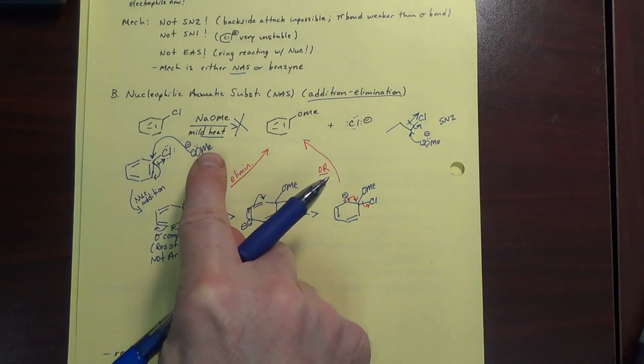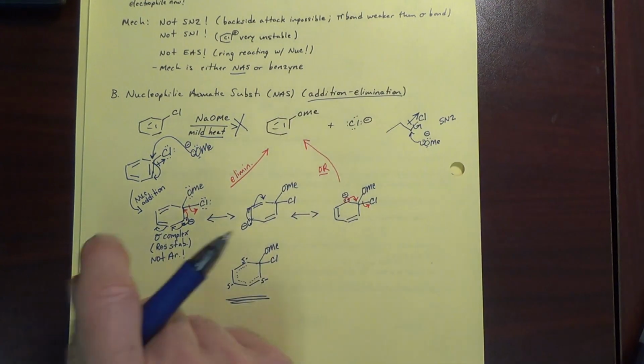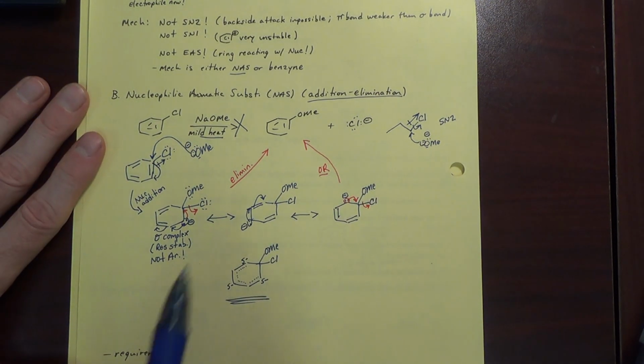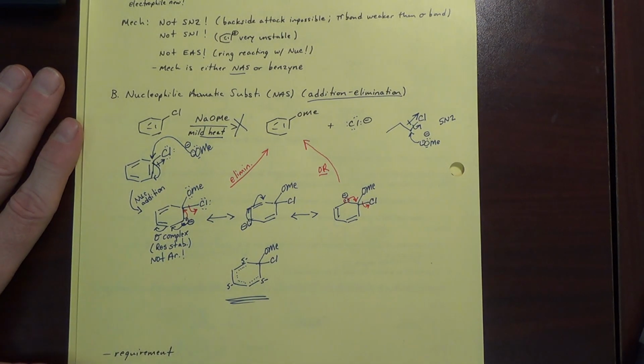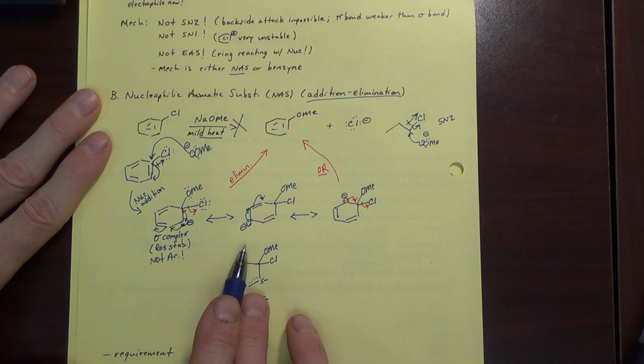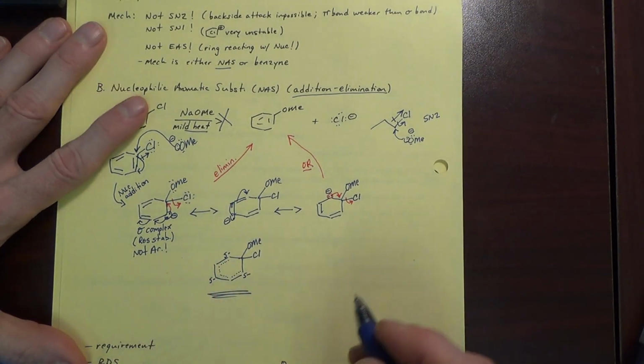If you take chlorobenzene and stir it at room temperature with sodium methoxide in some inert solvent, this reaction will not happen. What does that tell us? First of all, why did I show it if it doesn't happen? Well, let me explain. But what does the fact that it does not happen tell us? It tells us that there must not be enough energy to overcome the activation energy of the rate determining step.